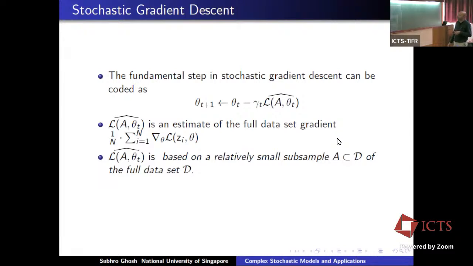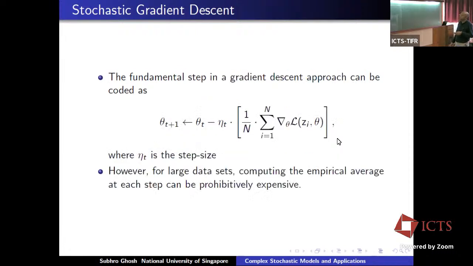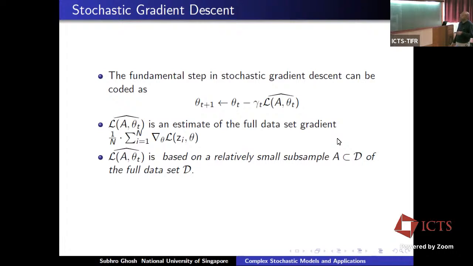You draw a small subsample of your full data set, which we call A, and L of A, comma theta t, is just some kind of a weighted average of your function on this subsample. So instead of doing order n computations at every iteration, you do order the size of A computations. This is a significant drop. And usually this subsample is taken to be quite small, so this reduces the computational load quite considerably.